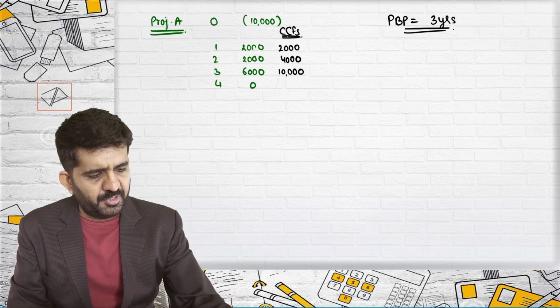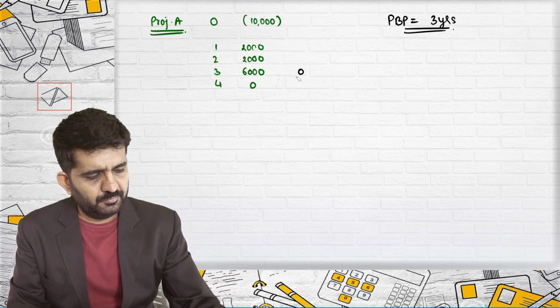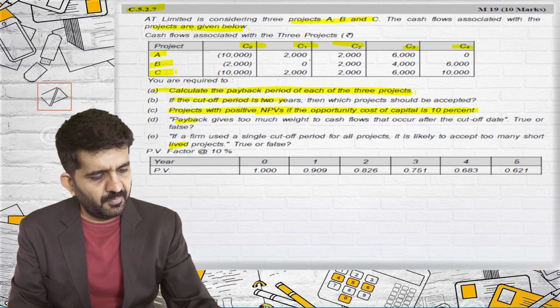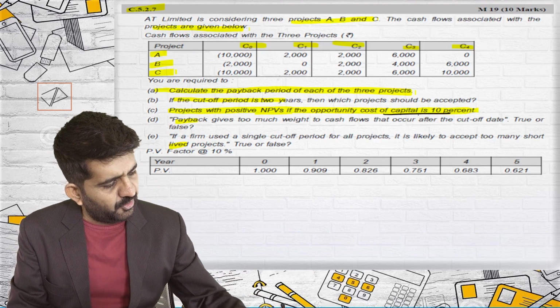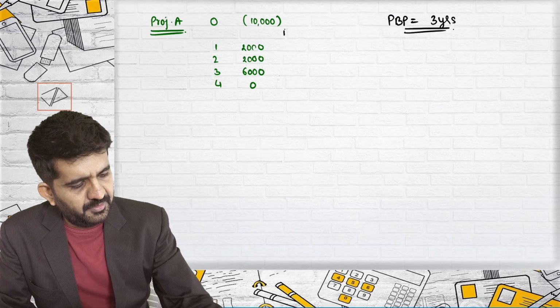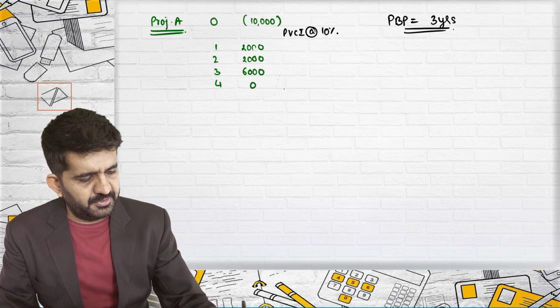I am finding out NPV also, at the rate of 10%. Present value of cash inflow at the rate of 10%.